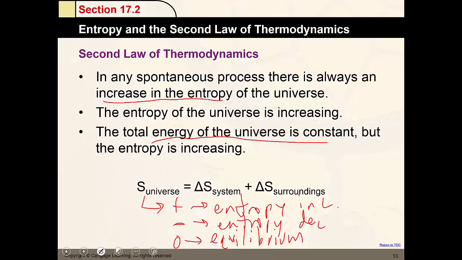So if delta S is positive, the entropy is increasing, so that means that reaction will occur without outside intervention, so it is spontaneous. And then if entropy is decreasing, that reaction is non-spontaneous.